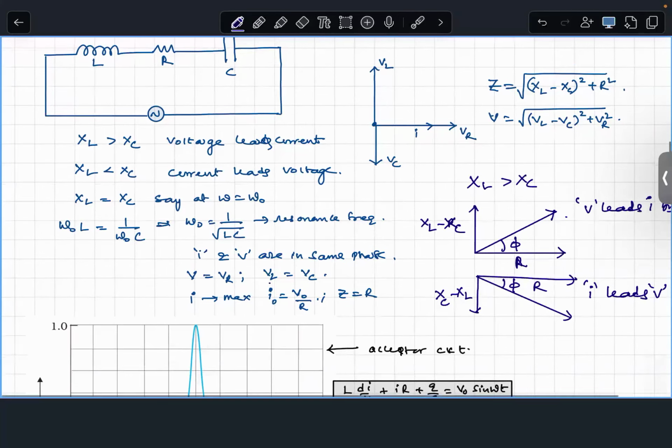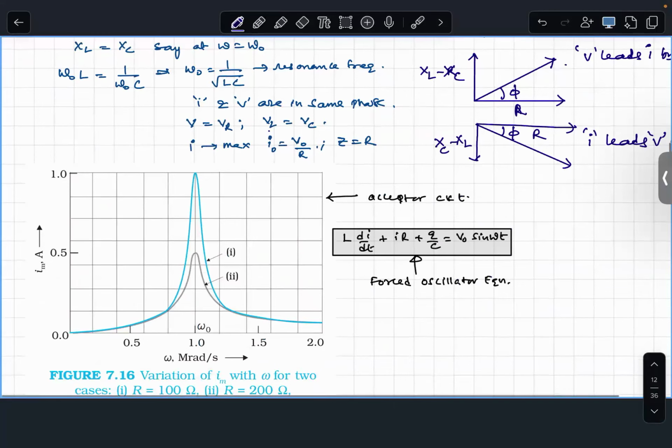Okay? Now, from the graph, you can see if I have plotted the current along y-axis, omega along x-axis. You will get a graph like this. Remember, you have two graphs.